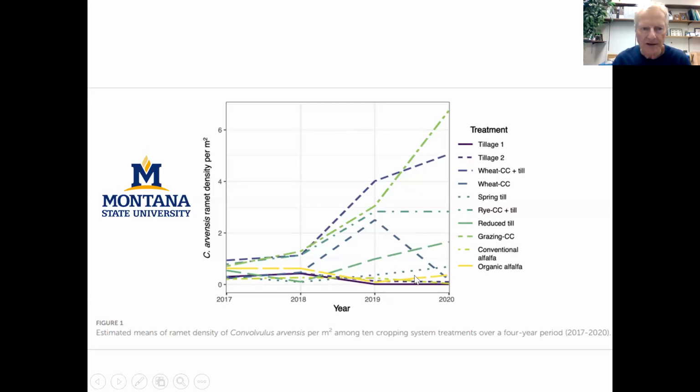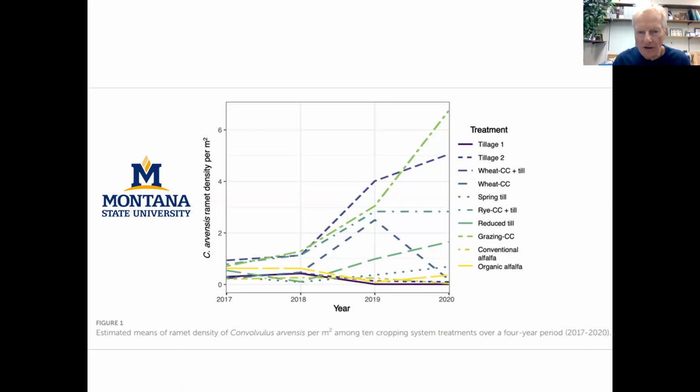The thistle density is very low. Where they just used tillage, you can see where they used a lot of tillage, it's about the same, but where they were growing just grain crops or reducing their tillage, you can see the thistle populations went up.